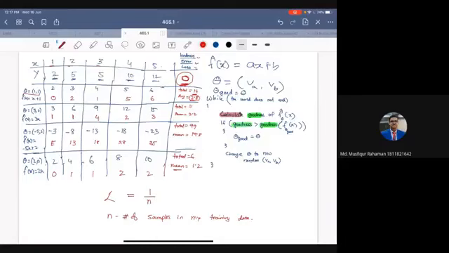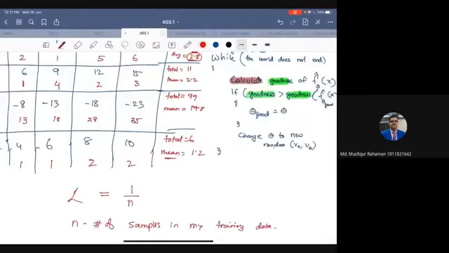So 1 by n, then I'm taking the absolute value of f hat theta of xi minus yi, and I'm summing over i equals 1 to n. Is that about right? Yes. Okay.